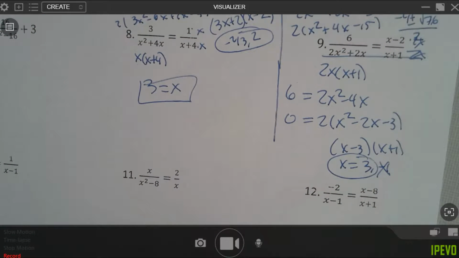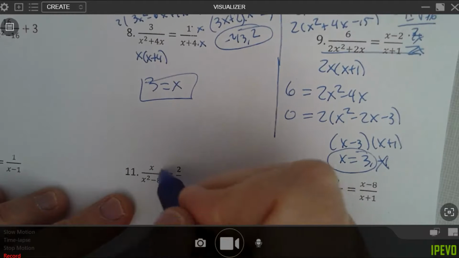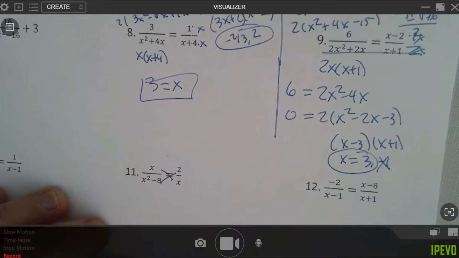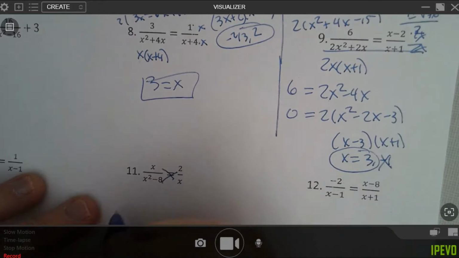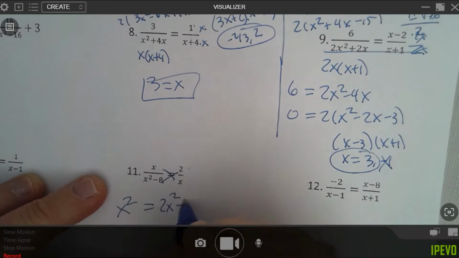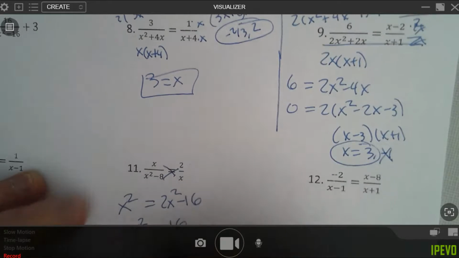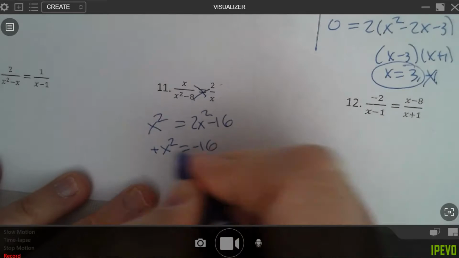Now we're going to go down to number 11. You can't always just factor out. So if there's only one thing, cross multiply them and solve. It is an equal sign, so you can cross multiply. So I get x squared equals 2x squared minus 16. I'm going to move this over here. Negative divided by negative makes a positive.